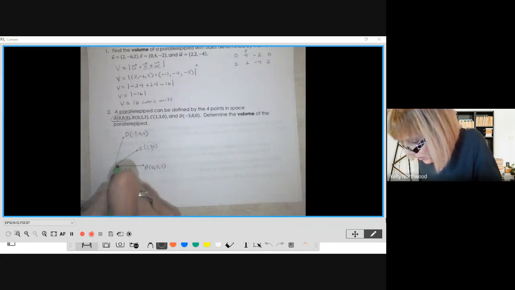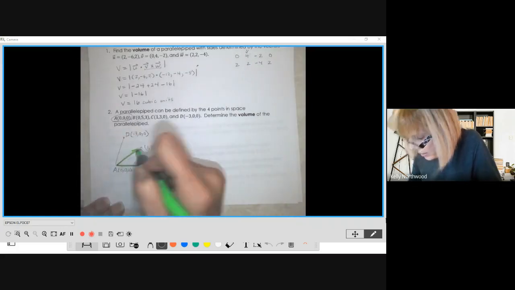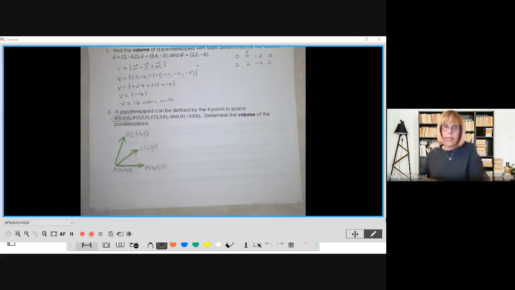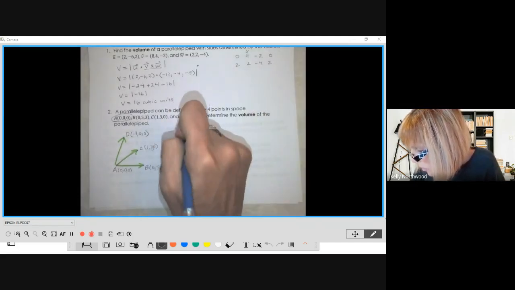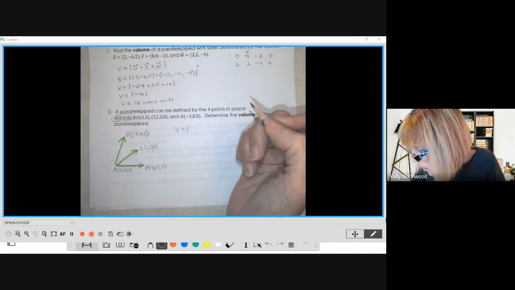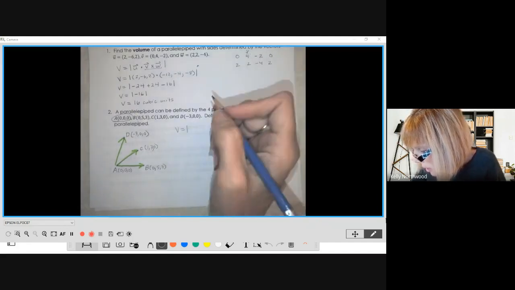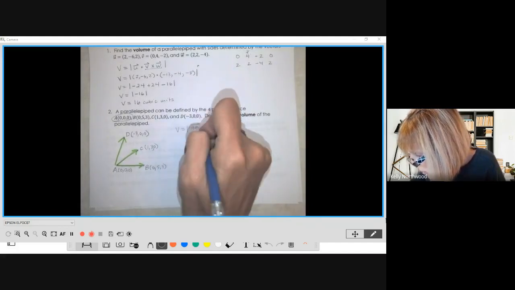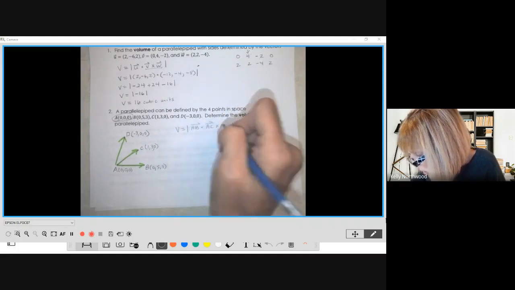So I'll make this vector AB, the vector AC, and the vector AD as my basis vectors for the parallelepiped. So the volume is going to be the magnitude of, and then you can do whatever order you want. I'm going to do vector AB dotted with vector AC crossed with vector AD.